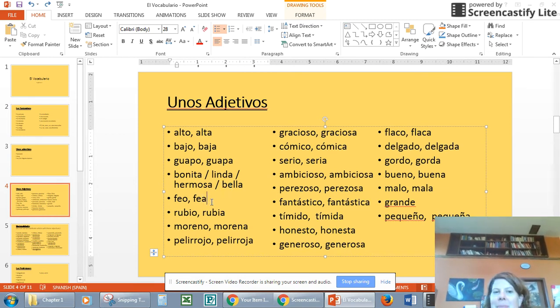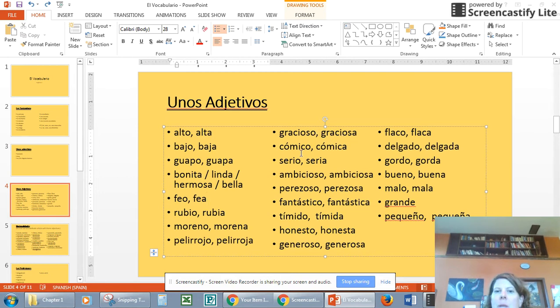Feo, fea, ugly. Rubio, rubia, that's blonde haired. Moreno, morena, that's brown or dark colored hair. Pelirrojo, pelirroja, that's red-headed.